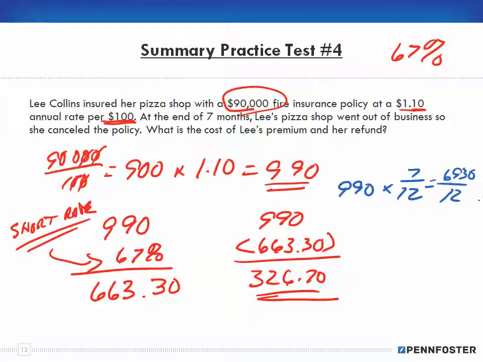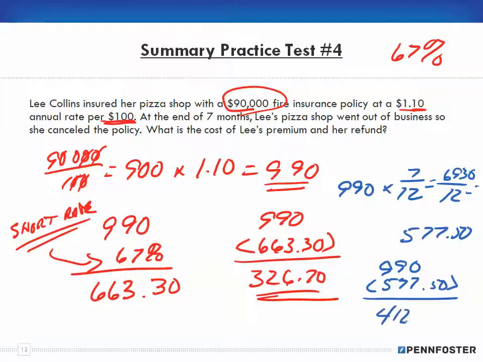That means 577.50 was used. So we would take the 990 and subtract the 577.50, and that means the refund would be 412.50.